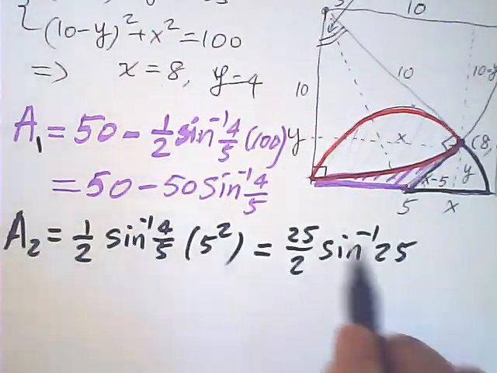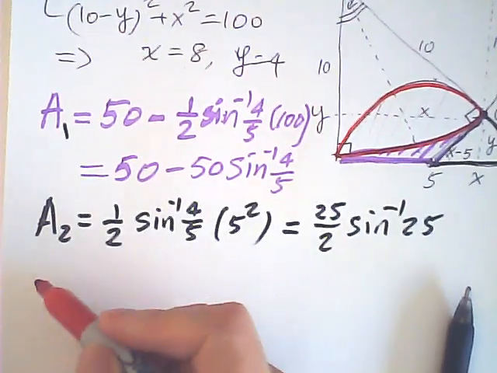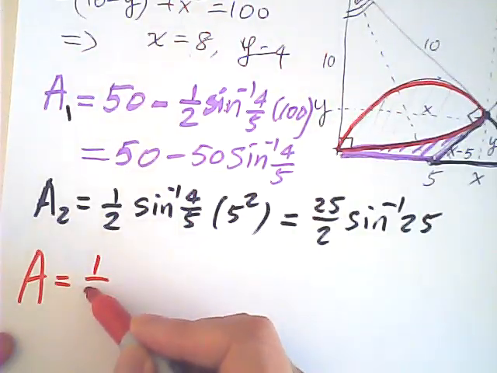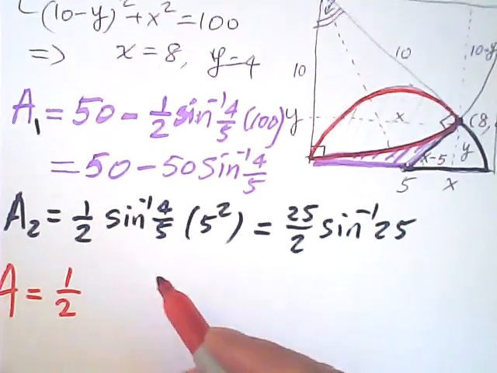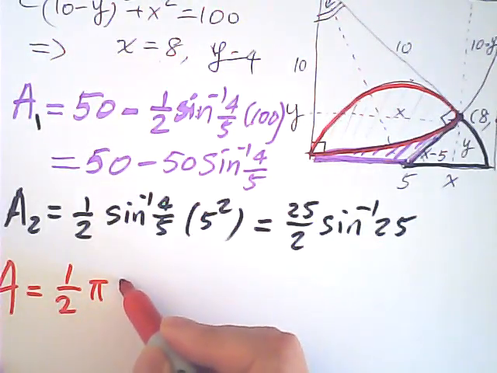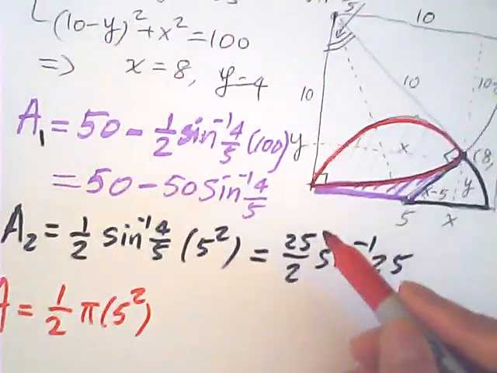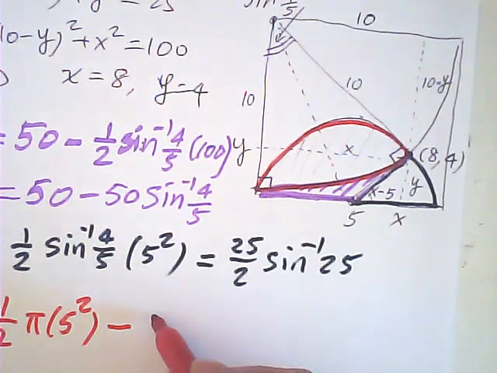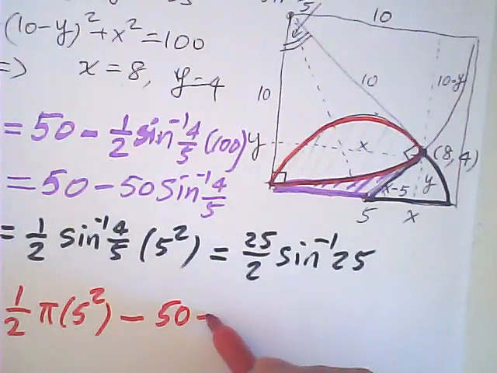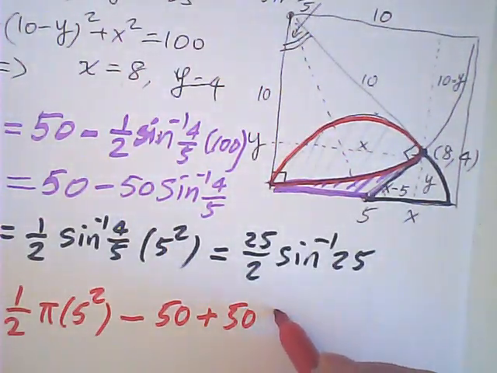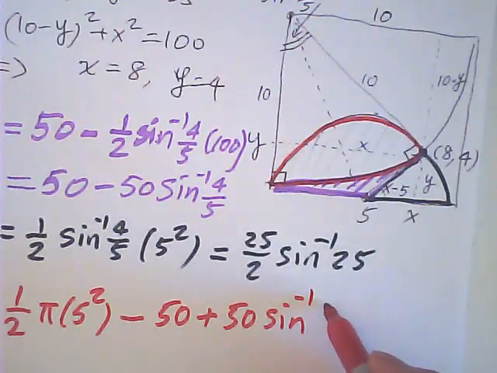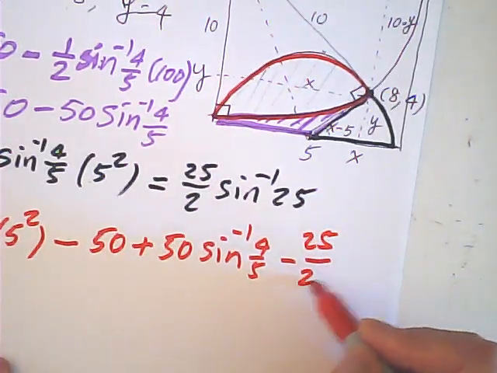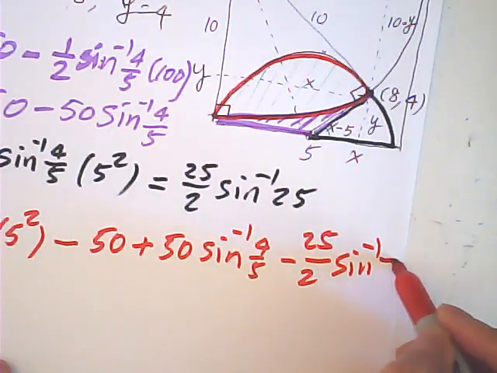So the area we're looking for, which is the red color, is 1/2 of the circle area, pi r squared, that is the area of the semicircle, minus these two: minus 50 plus 50 arcsine 4/5 minus 25 over 2 arcsine 4/5, right?